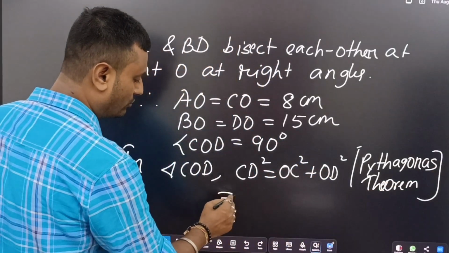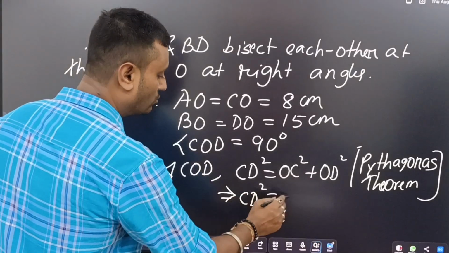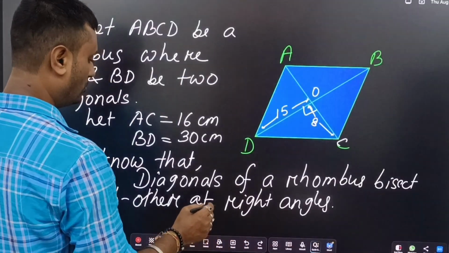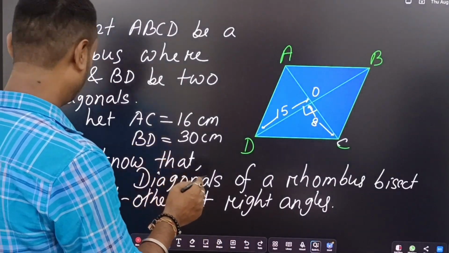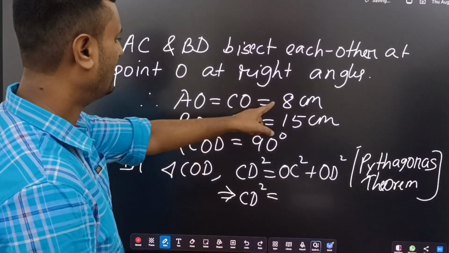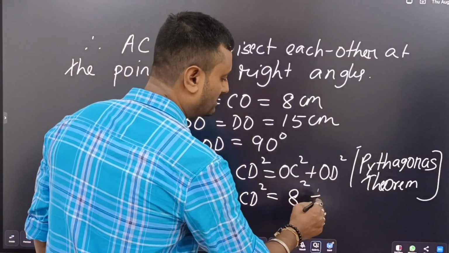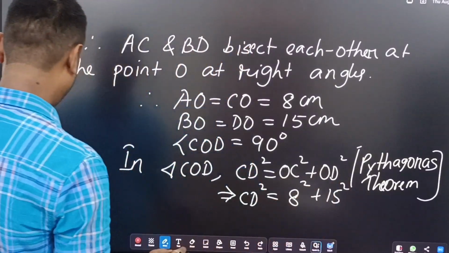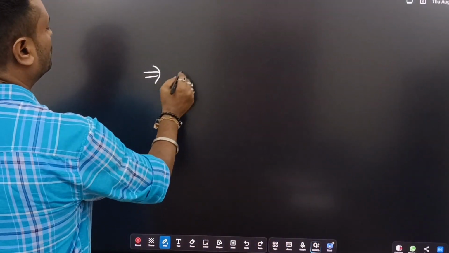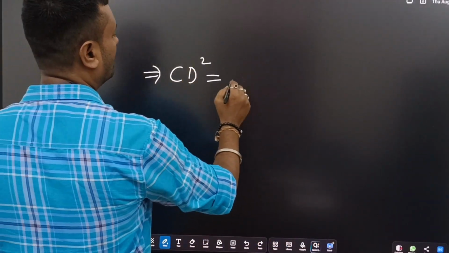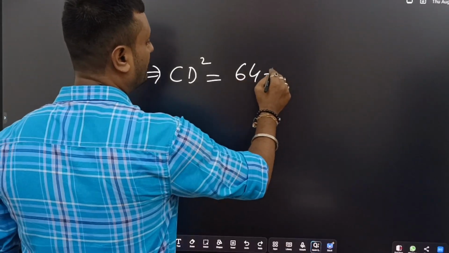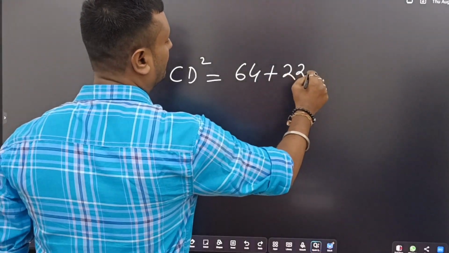So CD we don't know, CD square, but OC and OD we know. OC equal to 8 centimeter and OD equal to 15. So 8 square plus 15 square. If you find CD square, that means CD square equal to what? 8 square is 64 and 15 square is 225.